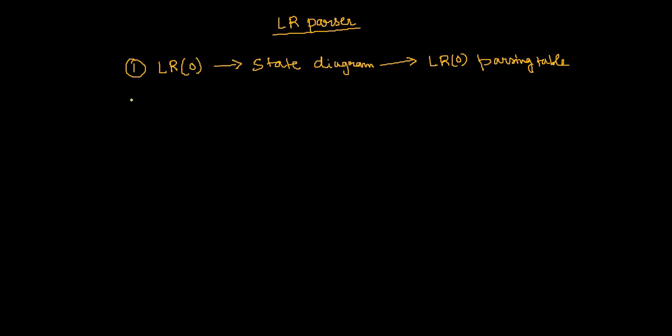And then for overcoming the limitation of LR0, we have seen that SLR1 came. So what LR0 was saying is that when you find a reduced entry, something like A to alpha dot, if you find a reduced entry, put this reduced production rule in all the columns of that particular state number row.